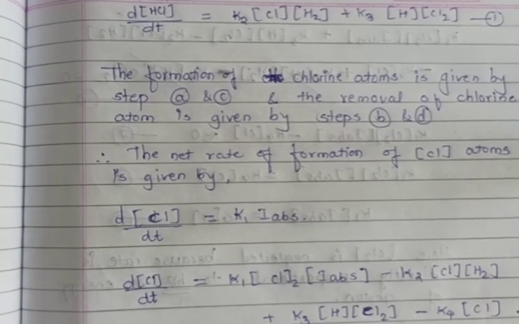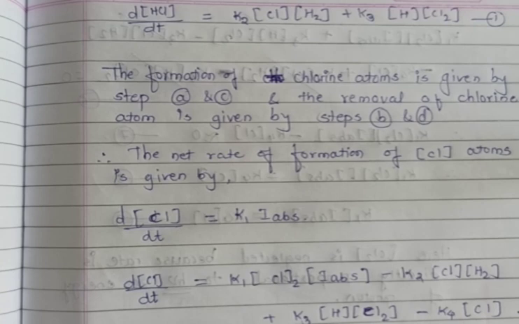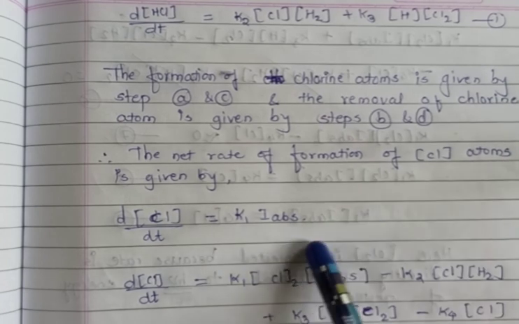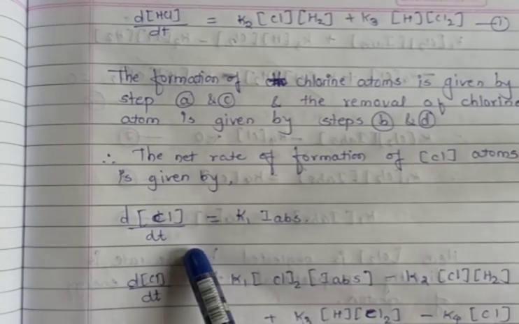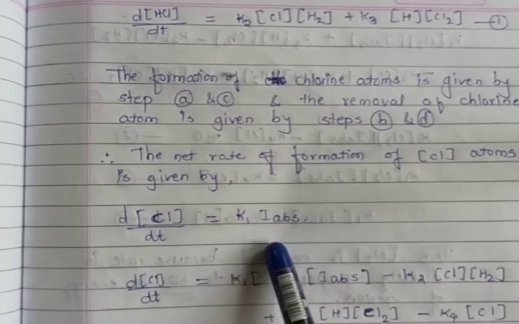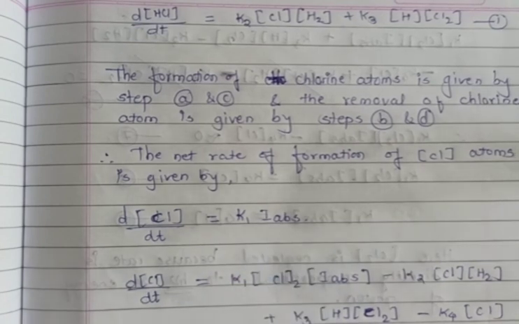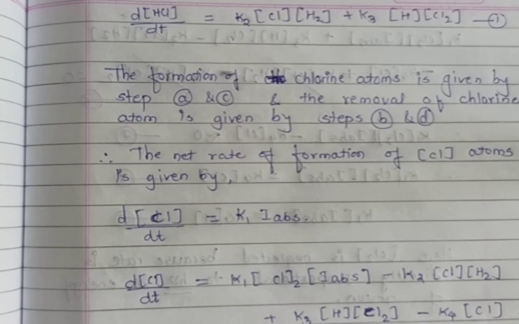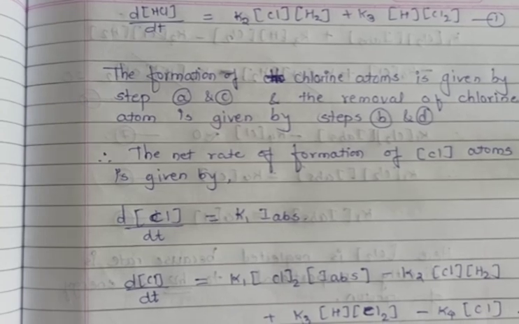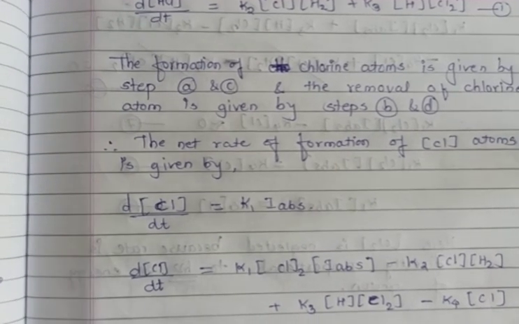That means the formation rate of chlorine depends upon the amount of incident light which is absorbed by the molecule of chlorine. That's why this equation is written d[Cl]/dt is equal to K1 into I absorbed. Then we will see the rate of change of concentration of chlorine atom with respect to change in time.